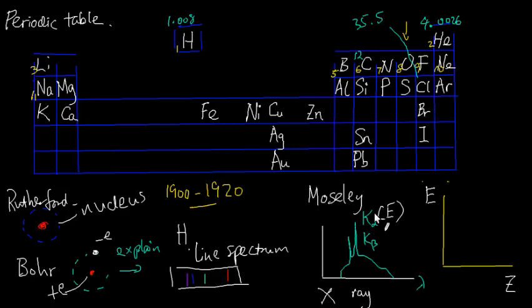What Moseley did was calculate it using the same picture as Bohr's atom, a nucleus with electrons going around it.